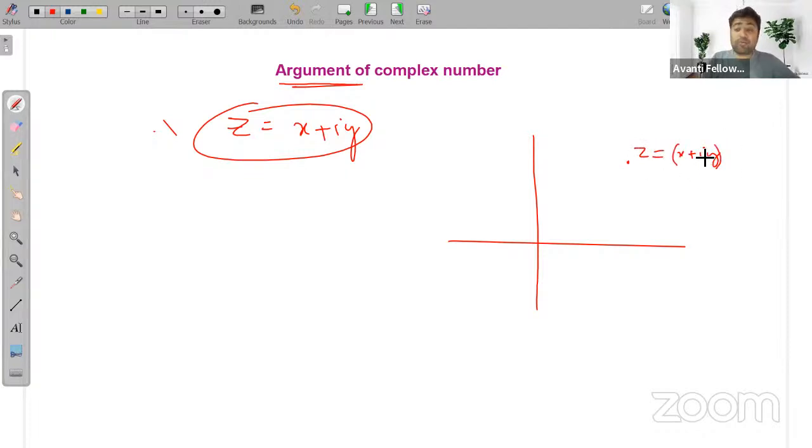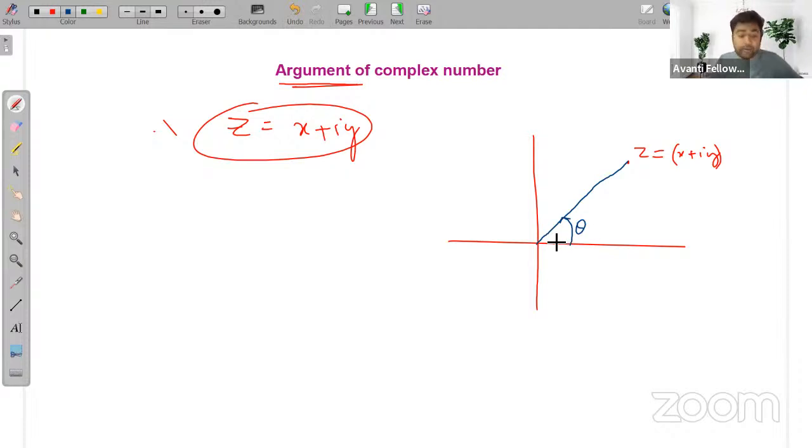What do you mean by argument? It is the angle made by this complex number with the positive x-axis. If you join the origin to this point, what is the angle made by this complex number? Suppose this is my theta. So this is actually my argument of the complex number.